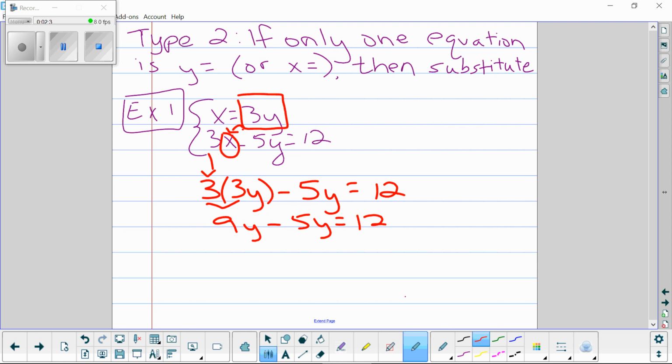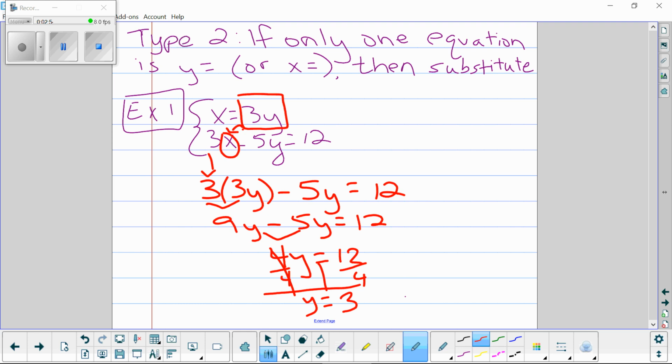And then now I have like terms. 9y take away 5y is 4y equals 12. And now from here, it's just one simple wall floor, divide by 4. And then we can see that y equals 3.